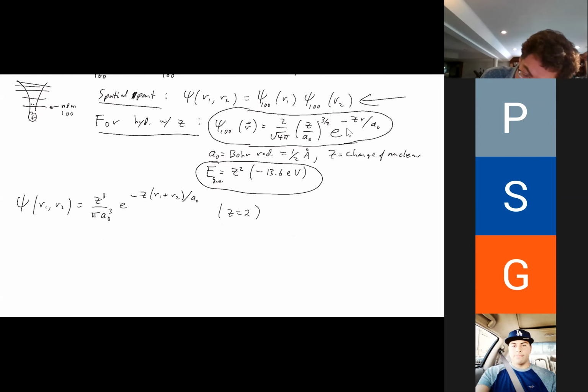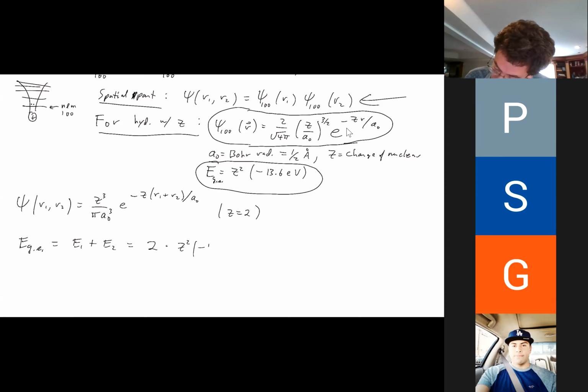And then the energy is going to be just E1 plus E2, which is twice Z squared times negative 13.6 eV, where again Z equals 2. Okay, so we got it. See, that's really simple.